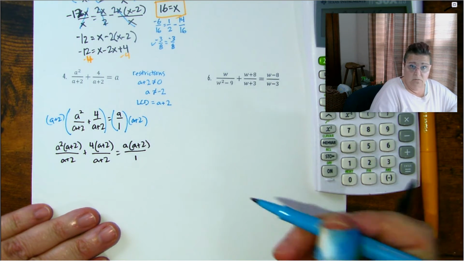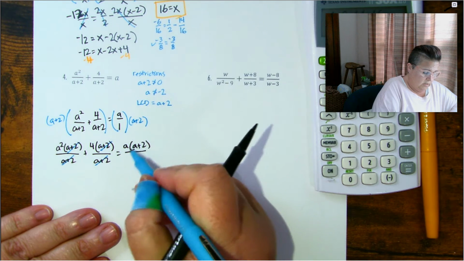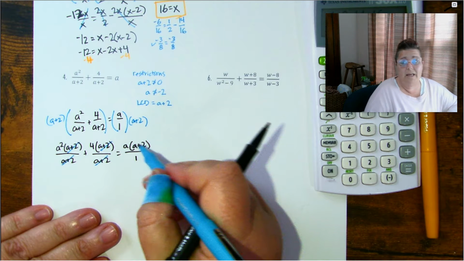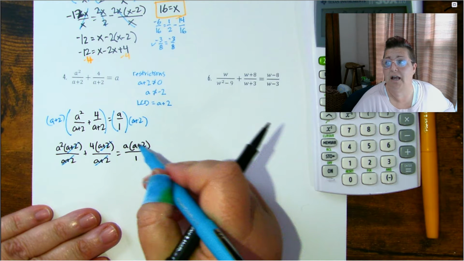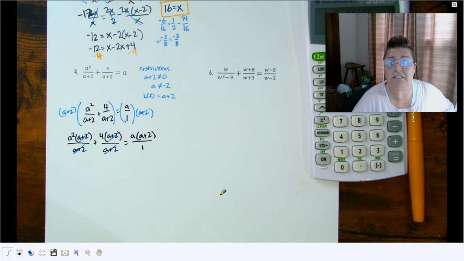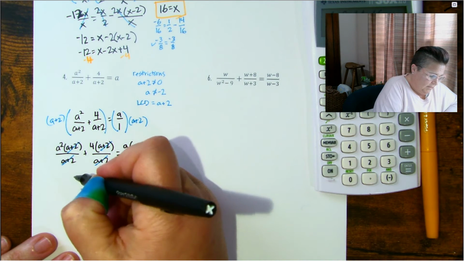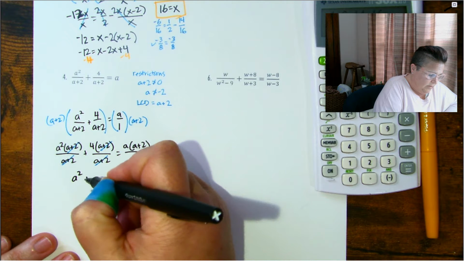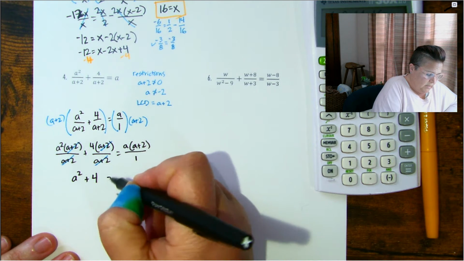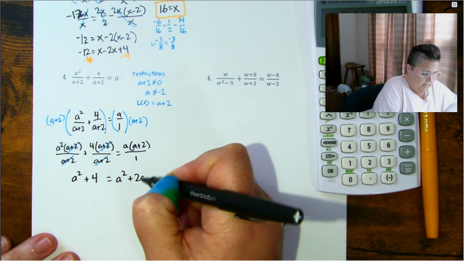Now cancel what you can. Nothing cancels here, but it's over 1, so that should not be a problem. It did that thing where it glitched, but I caught it this time. All right, so that's going to leave me with a squared plus 4 is equal to a squared plus 2a.